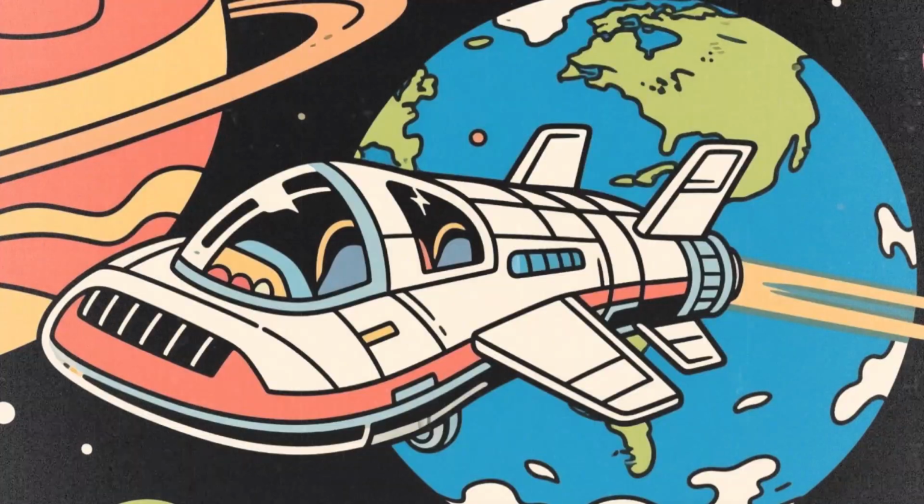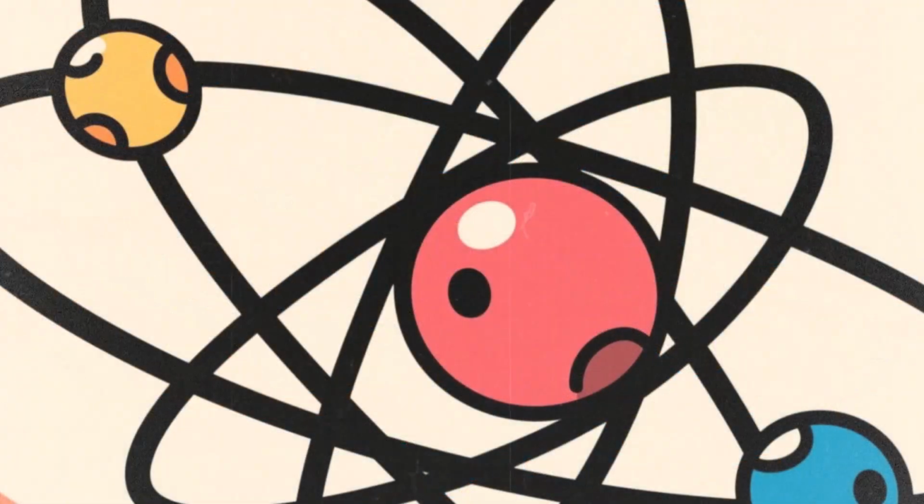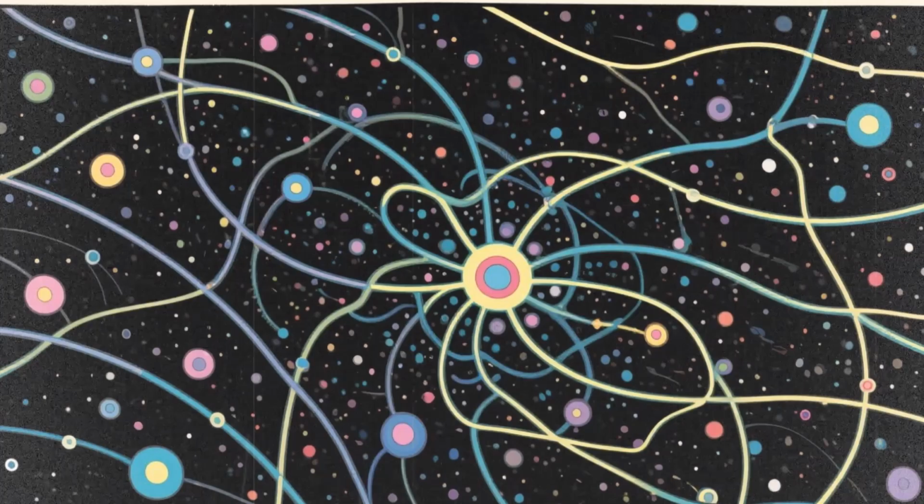But we shouldn't get too cocky. Remember, we still don't know what makes up 95% of the universe. Dark matter and dark energy remain mysterious. We don't know if the cosmic web is the largest structure, or if there are even larger patterns beyond what we can currently observe. The observable universe has a radius of about 46 billion light-years, but the actual universe could be much, much larger, possibly infinite.